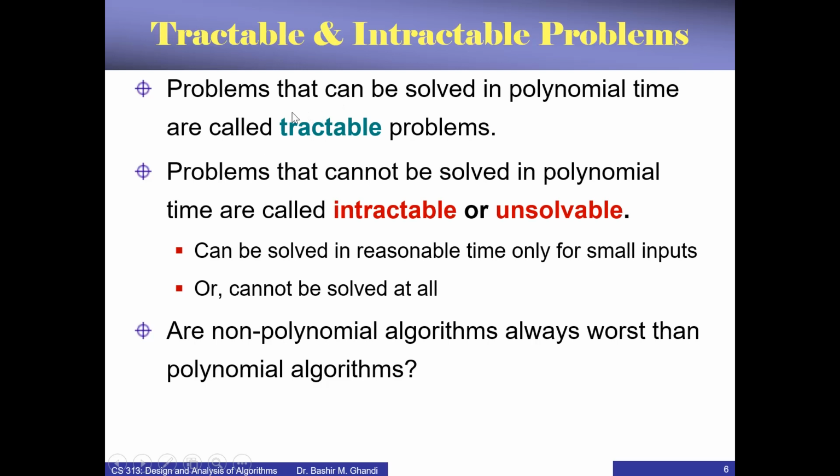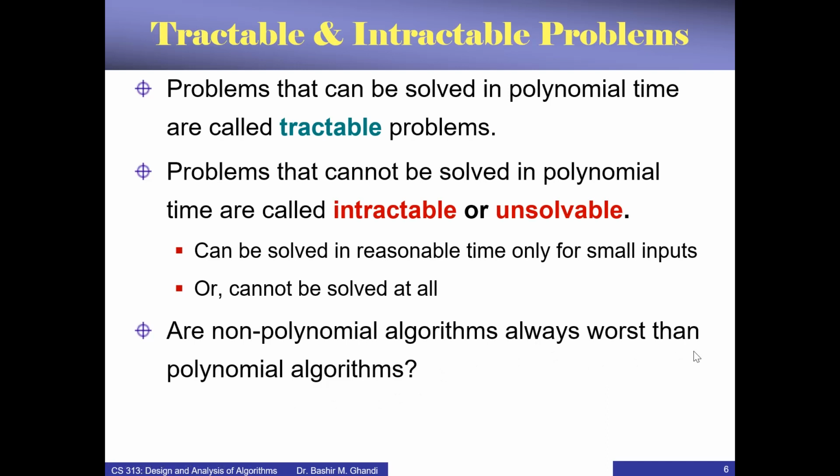One group are called tractable because they can be solved in polynomial time with respect to the input size, whereas for the other group, the running time is going to be not polynomial, like exponential or factorial or something like that. Okay, but non-polynomial algorithms are always worse than polynomial algorithms.